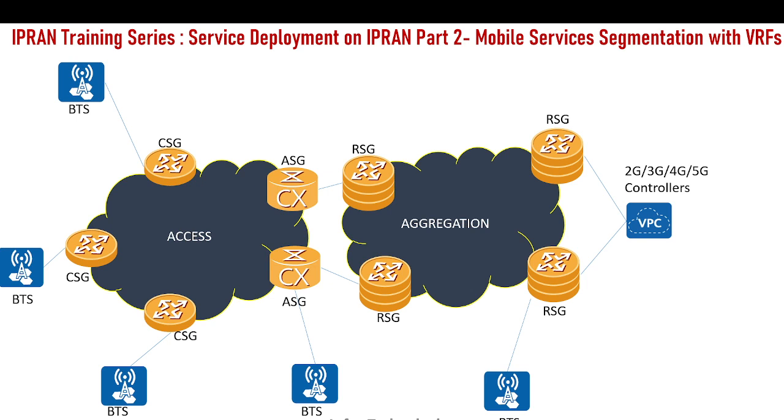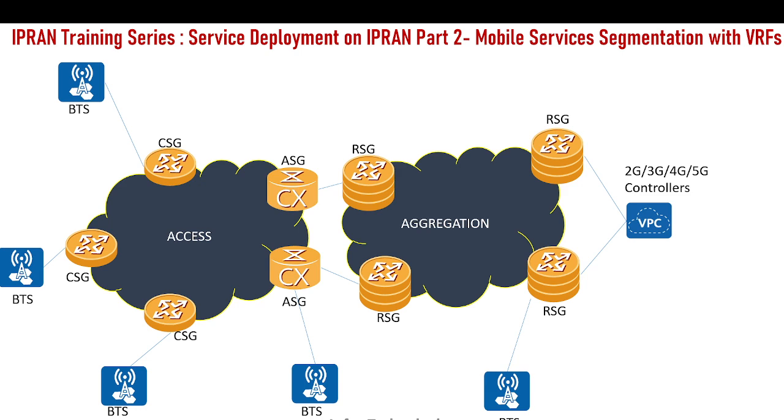And another thing that I need to mention is that we have the O&M. We also need to have a VPRN or a VRF for the O&M of the sites. Remember, we need to be able to manage all these sites. So we need to create different VPRNs for different services and segment them so that they are isolated from each other. Then we can meet the requirement of giving them some special treatment.